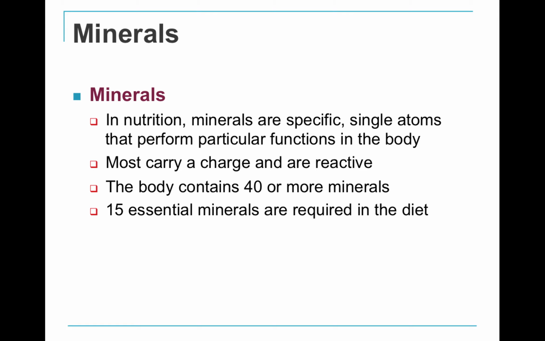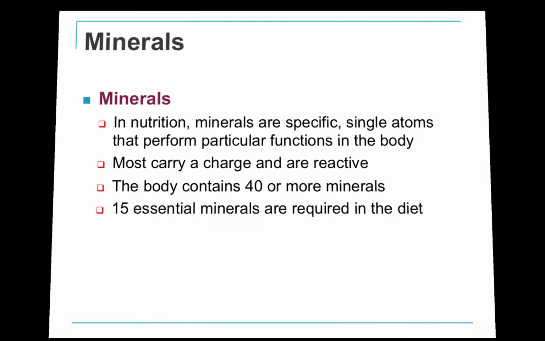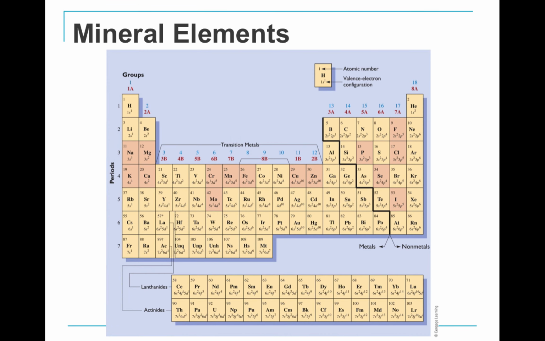And if you remember looking at that chart, I think I actually have a picture of that chart here. A lot of the elements are in groups for a reason, having to do with the number of electrons that they have and how they pair up with each other. And that's basically what's going on inside of your body.